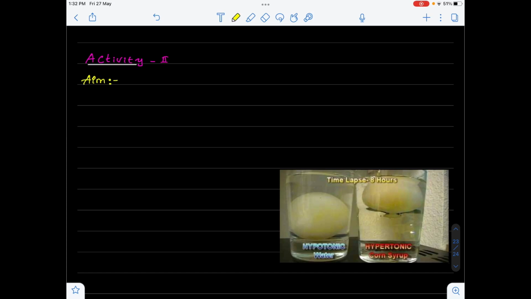Aim of this activity: demonstration of endosmosis and exosmosis.